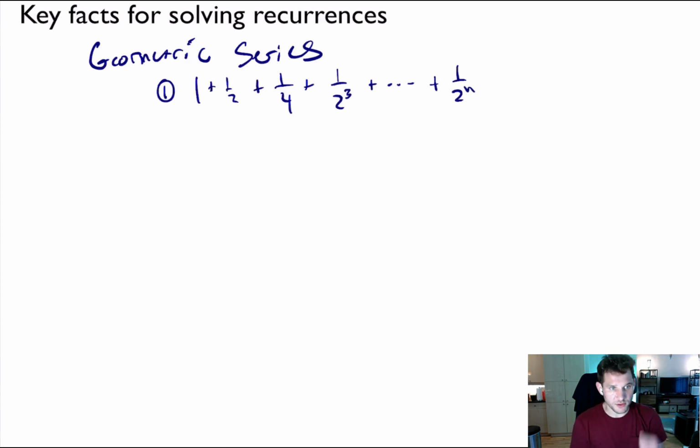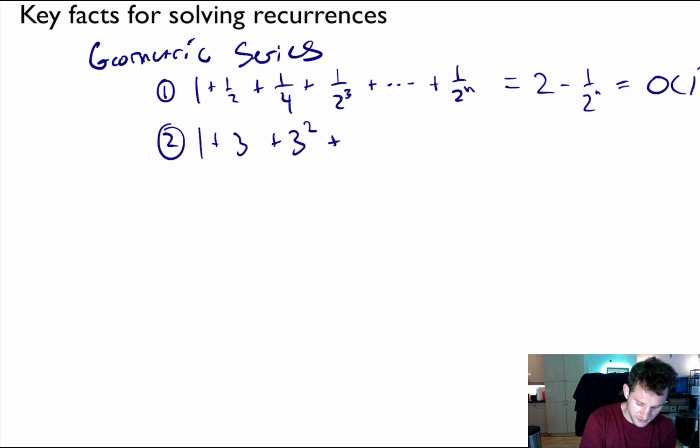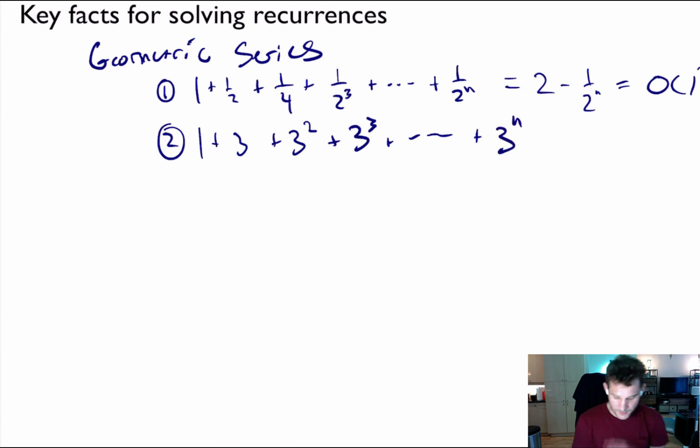If you add these up, it turns out this equals 2 minus 1 over 2 to the n, which is just O(1). Similarly, let's say I use 1 plus 3 plus 3 squared plus 3 cubed up to 3 to the n. In this case, this thing is on the order of 3 to the n.